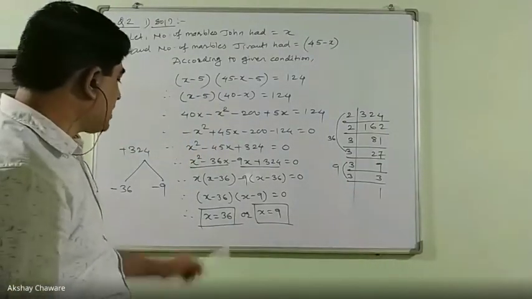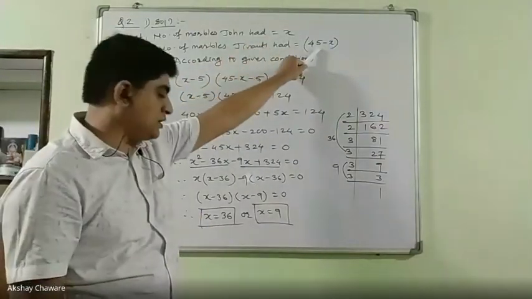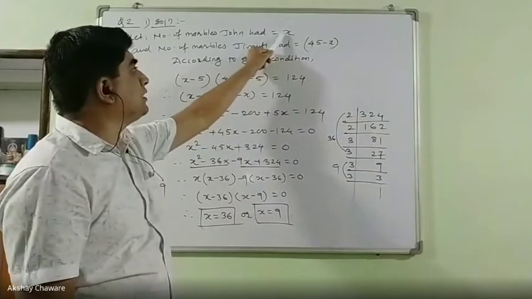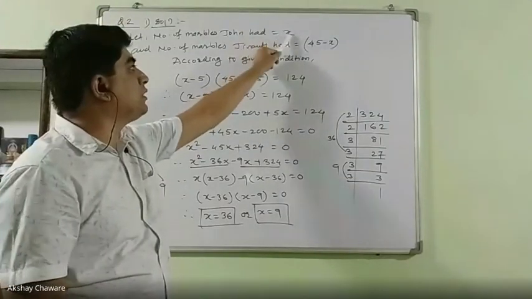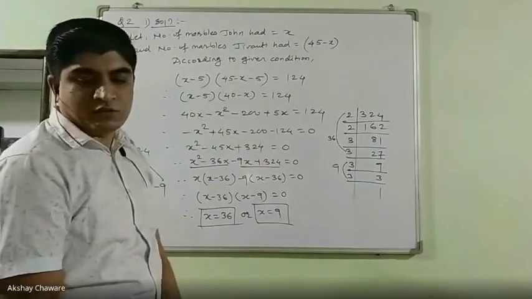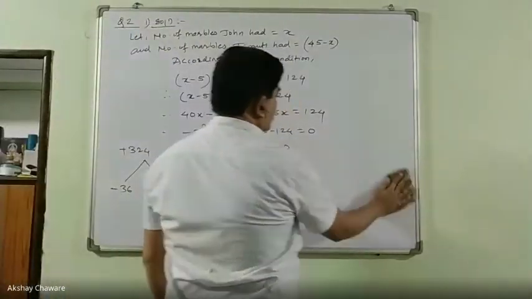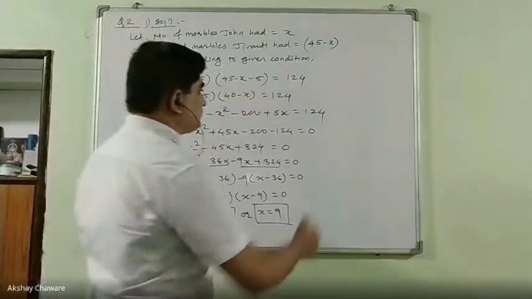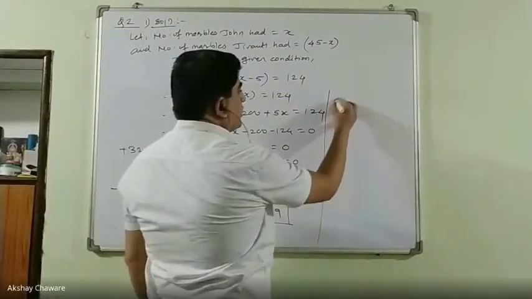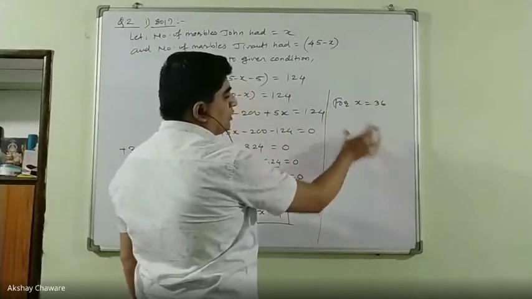So 36 and 9 both are acceptable values. If the marbles with John are 36, then the marbles with Jivanti are 9. And if John had 9 marbles, then Jivanti will have 36 marbles. So we have to write the final answer accordingly. We will write like this: for x equal to 36, this explanation will carry 1 mark.